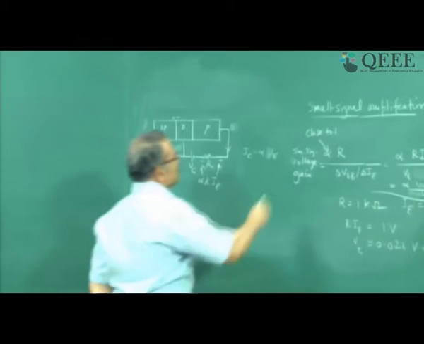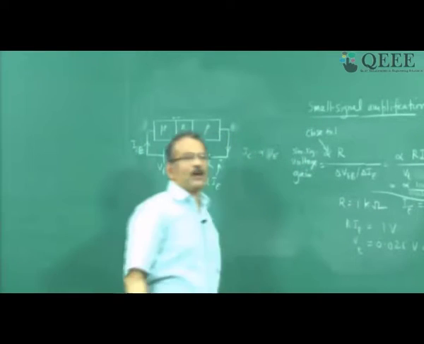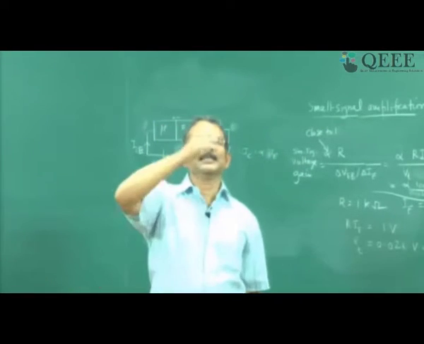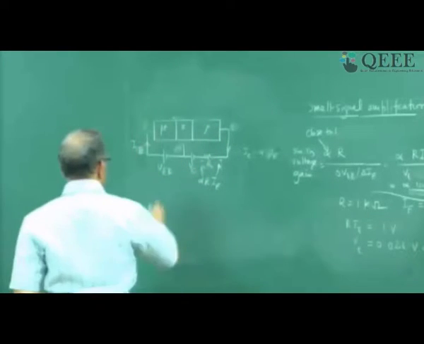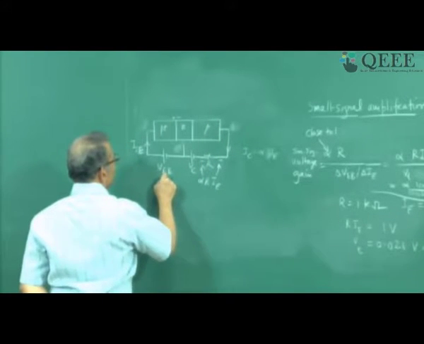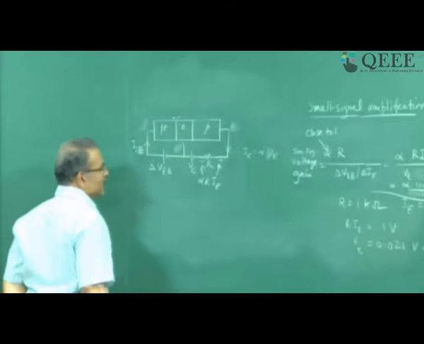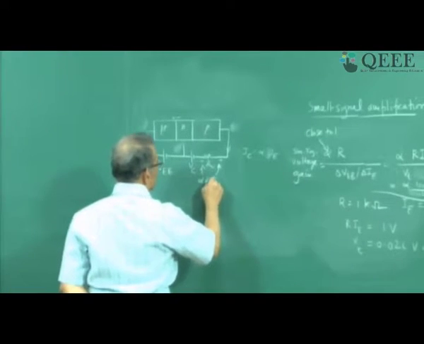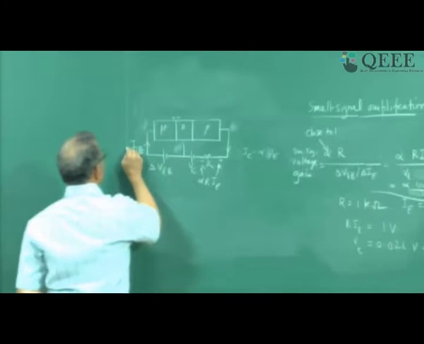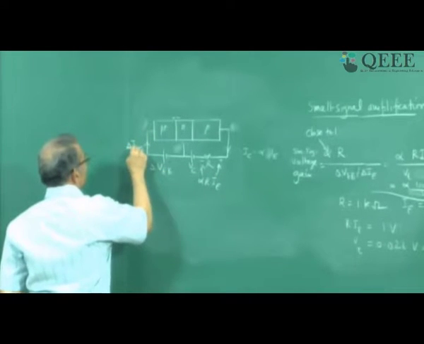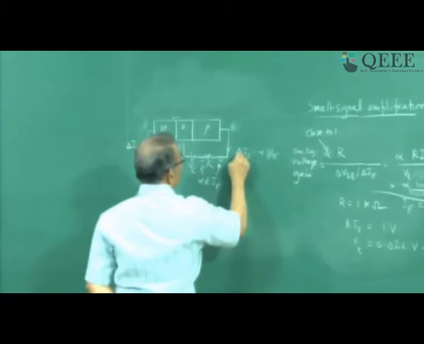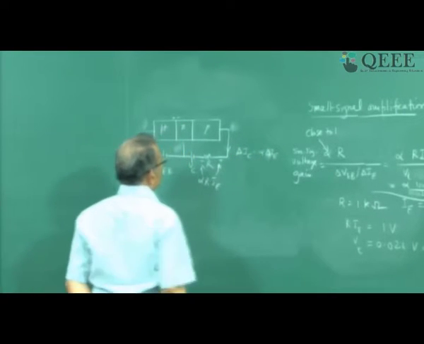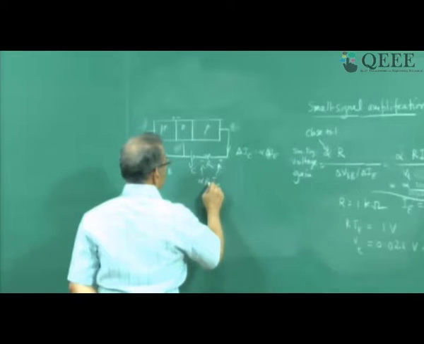But we always talk of small signal amplification. We always want to amplify time varying signals. So rather than talk about VEB, we talk about delta VEB, change in VEB. And therefore here we talk about change in IE because of change in VEB. When you change VEB, IE will change, IC also will change, and this will change.